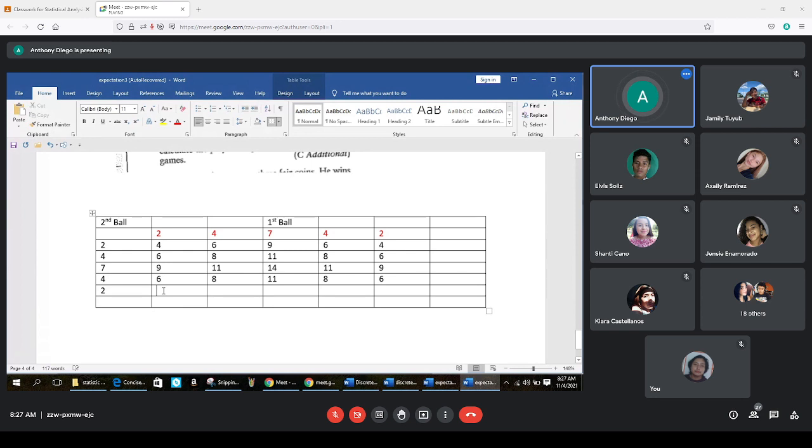And this one will be just like the one to the top, which will be 4, 6, 9, 6, and 4. So what will be our possibility space here?